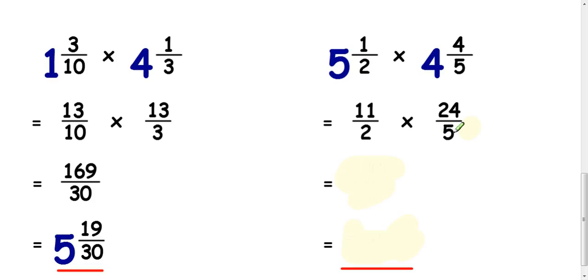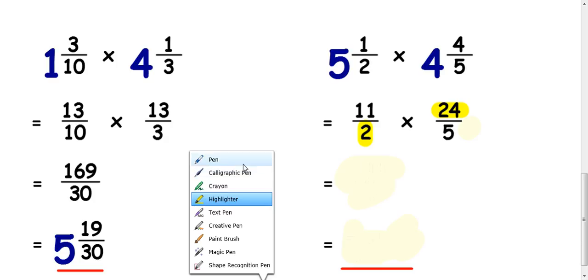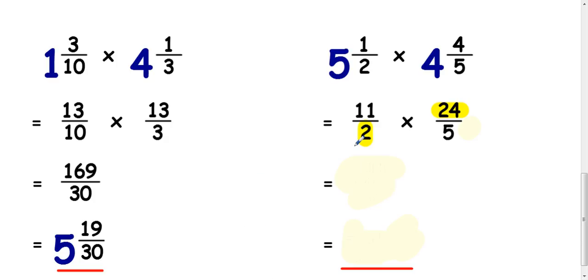Now 11 and 5 are not in the same times table, but I know 2 and 24 are in the 2 times tables. I'm going to cancel that down. Divide that by 2 and I get a 1. Divide that by 2 and I'll get a 12. So you still have to do 12 times 11, which is 132, and 1 times 5, which is 5.